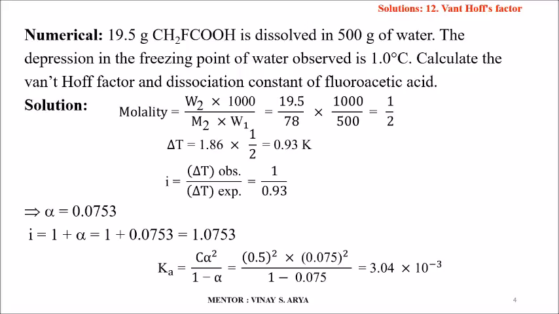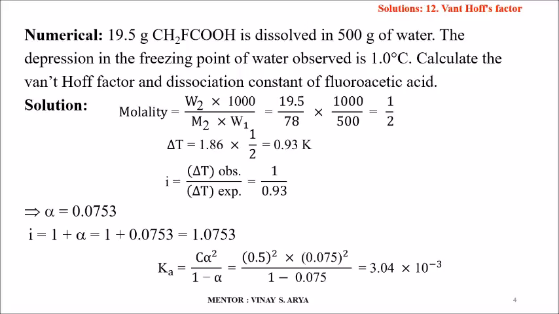Now, for that, molality we know is equal to W2 into 1000 upon M2 into W1, that is 19.5 upon 78 into 1000 upon 500. So when we calculate it, it comes as 1 by 2.